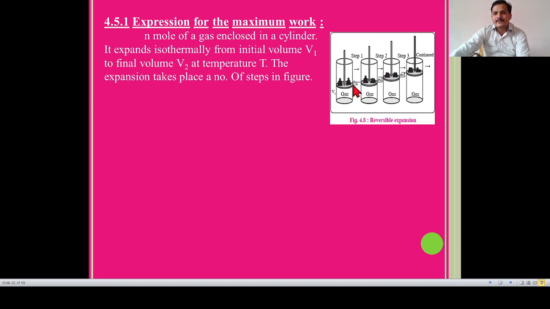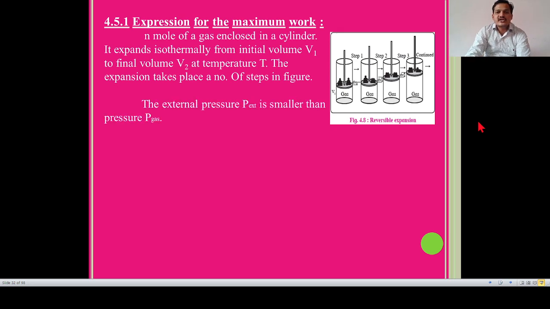In the figure, in step first, the volume expands slowly because we add some weight over the piston. If you remove some weight, the gas expands slowly. If you remove 2 kg or 3 kg more, the gas again moves from system to surrounding, from V1 toward V2, a small change in volume delta V. Step third continues until the final volume V2 is achieved.